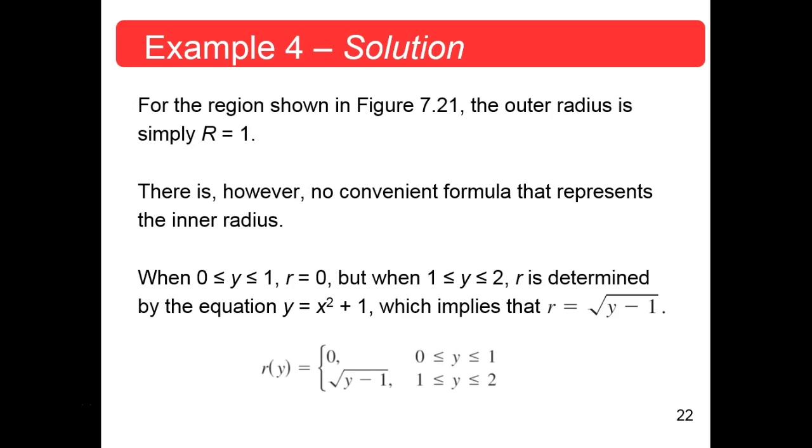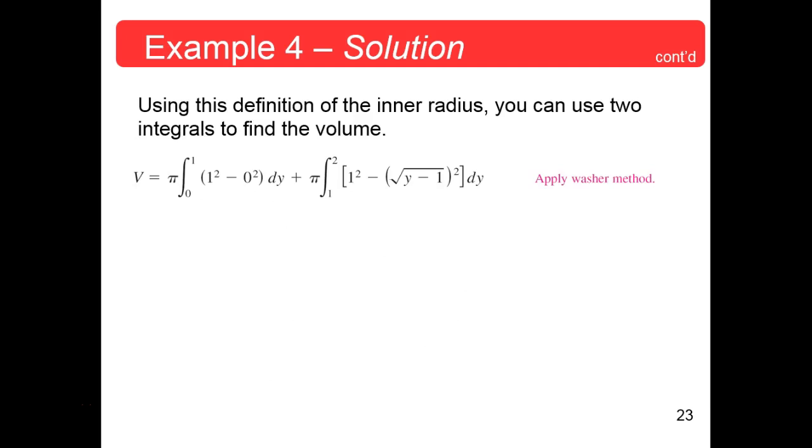So your radius function as a function of y is 0 when you're between 0 and 1, and square root of y minus 1 when you're between 1 and 2. I'm not super sure that expressing it as a piecewise defined function is going to be the easiest way to see it, but it's certainly true.